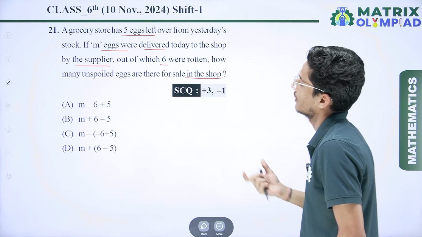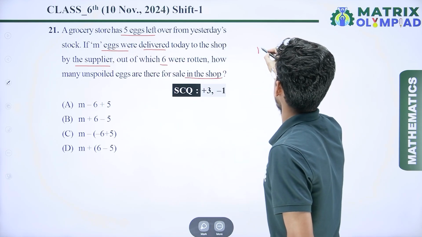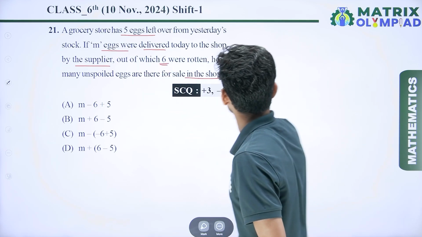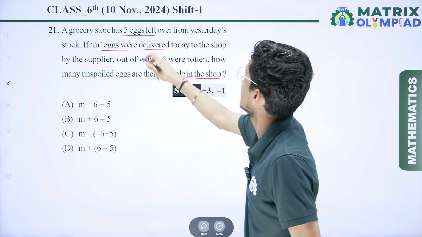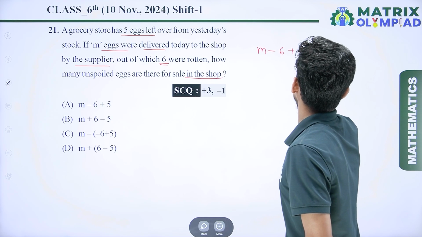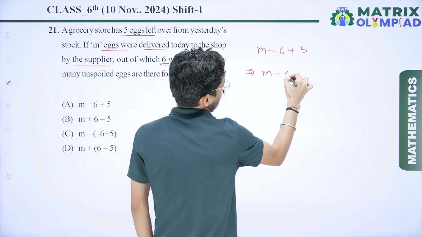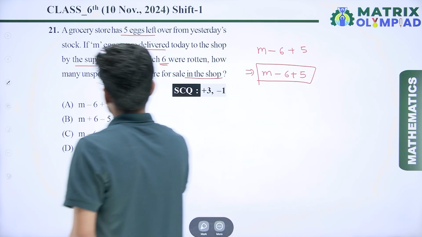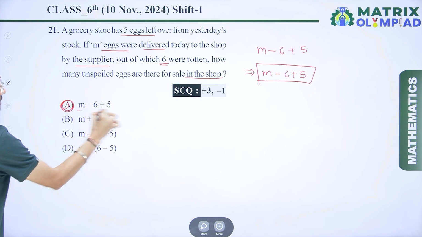Here it is given that m eggs were delivered today, and out of which 6 were returned. It means minus 6. And yesterday's eggs are 5, that is left. So here I add 5. It means we have left eggs, that is m minus 6 plus 5. So check which option is correct. So m minus 6 plus 5. So here option number A is the correct answer.